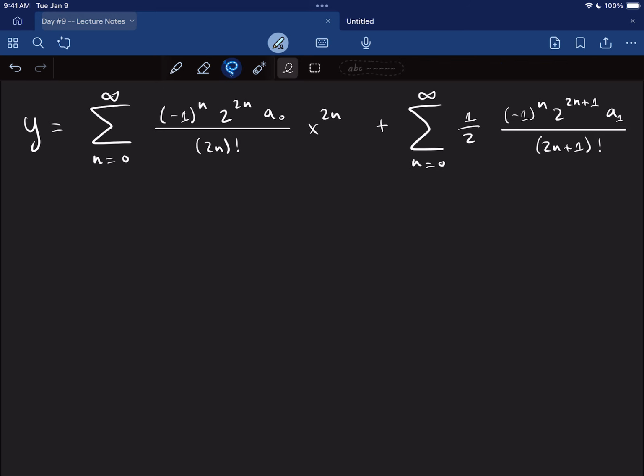Let me give myself a little bit more space here. There we go. Certainly looks a little ugly. This is going to clean up really, really nice, though.